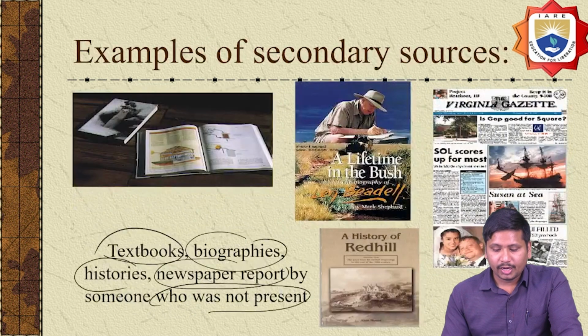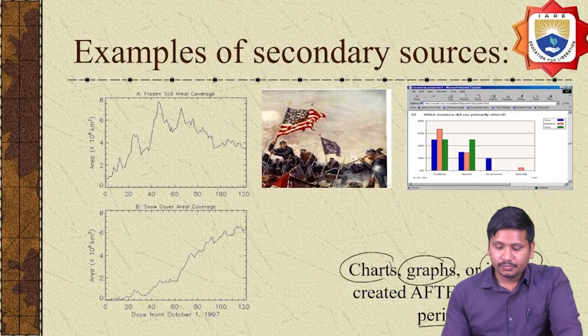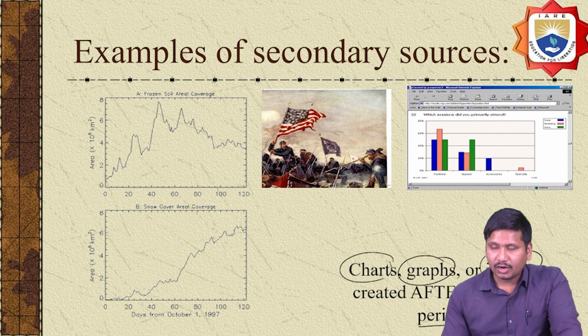So the secondary sources mainly will be textbooks, biographies, histories, and newspaper reports by someone who was not present, right? Textbooks, biographies, and histories written by other people who were not present at the time will be considered secondary sources. Charts, graphs, and images are also examples of secondary sources when they come after the time period.